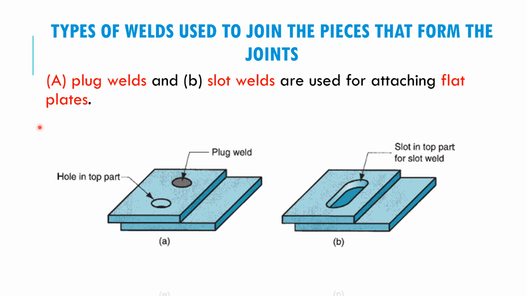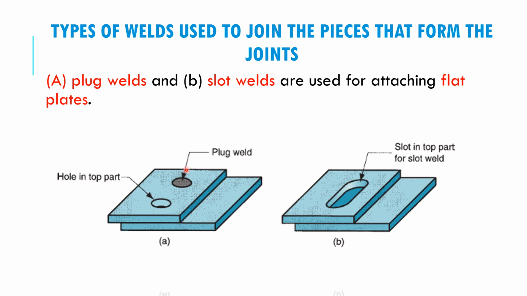This one is the plug weld and also the slot weld. Plug welds are usually used for lap type joints, but here a hole needs to be created.